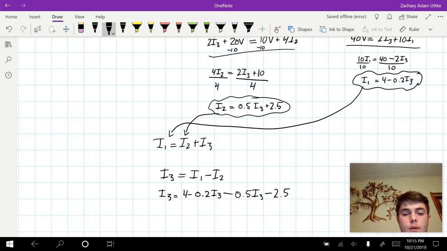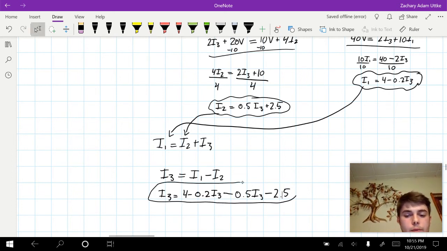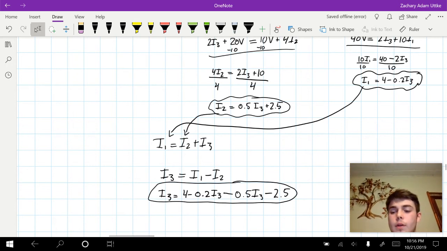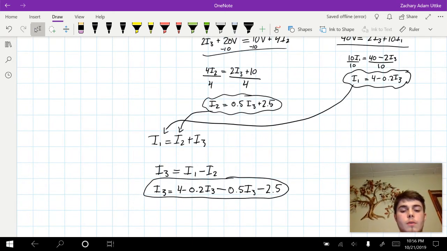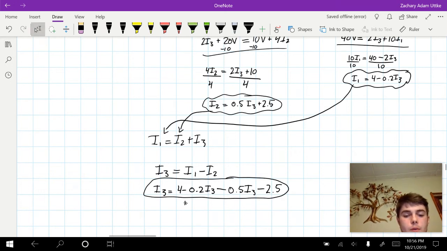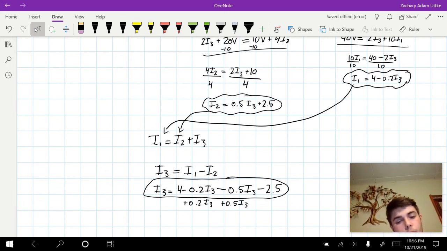So now this final equation that we have here, everything is in terms of I3. So we only have one variable, one current. So we can start to isolate I3. We can add 0.2 I3 over, and we could add 0.5 I3 over as well. So that will give us 1 I3 plus 0.2 I3 plus 0.5 I3.